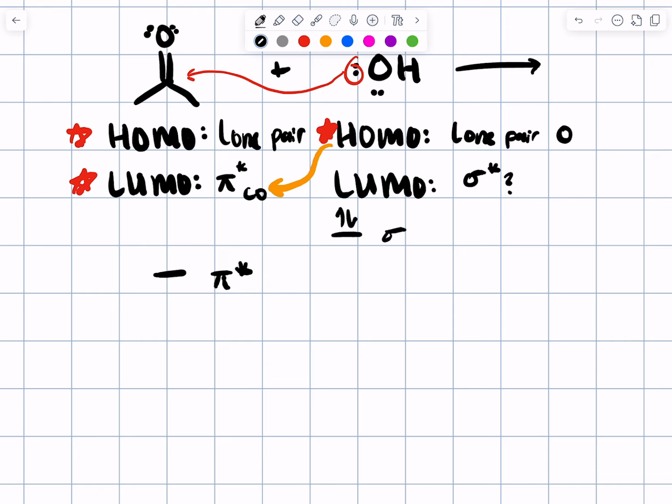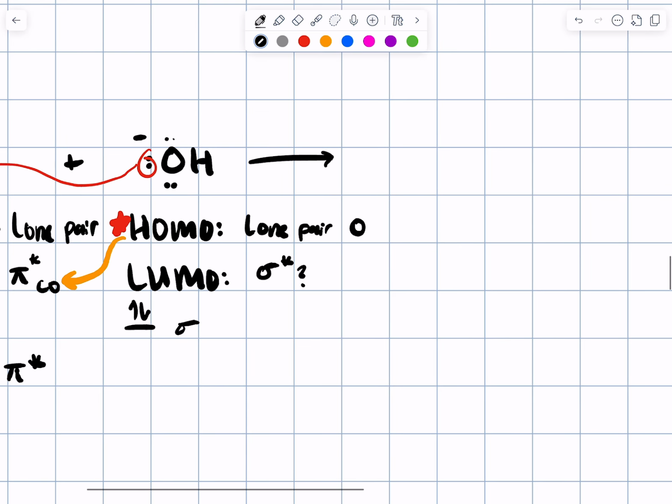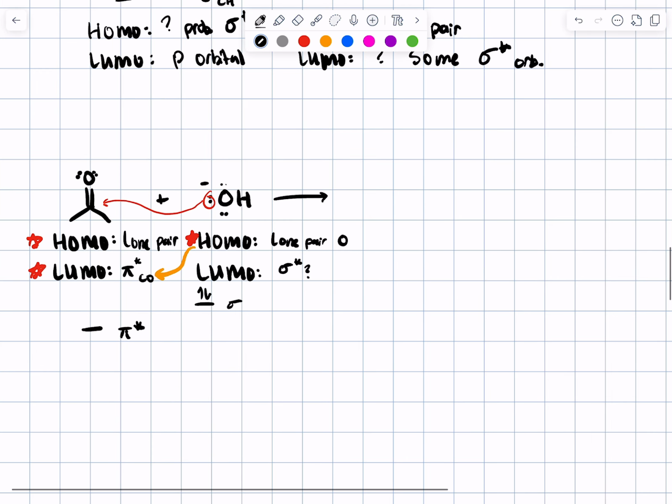And then what we'll see is some rearrangements in the molecule, which I will show here now as the product of this reaction. We are going to see what we call an addition reaction. So this OH is going to bond, and we are going to attach it in that way.